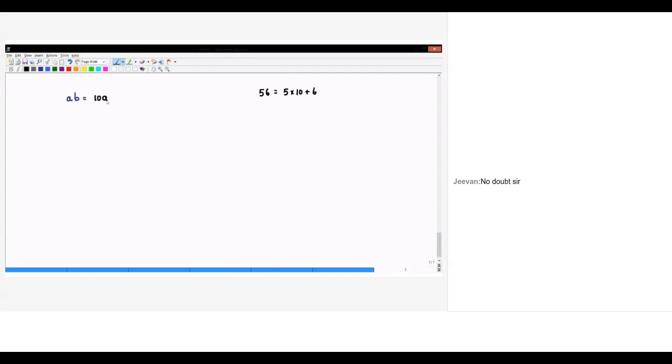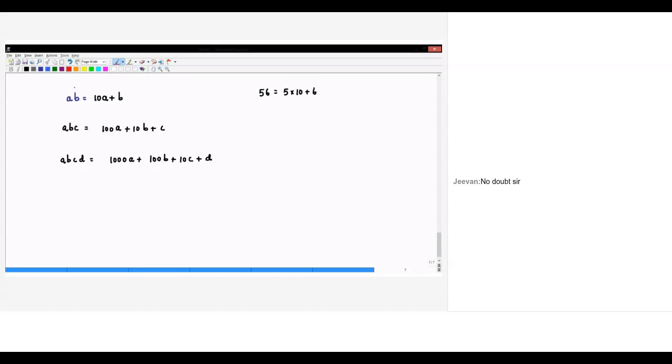It's 10 into A plus B. How do we write ABC? 100 into A plus 10 B plus C. Or ABCD: 1000 A, 100 B, 10 C, plus D.